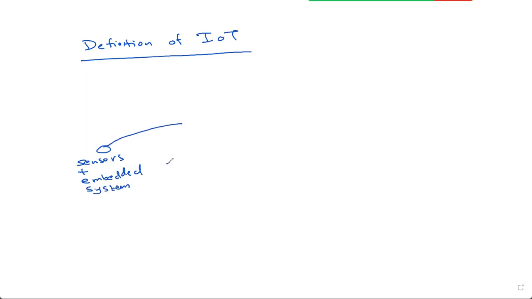So sensors will be connected to a certain access point. It could be, as I said, a router that is connecting all this data from these different sensors, and the router will forward the data to the internet.